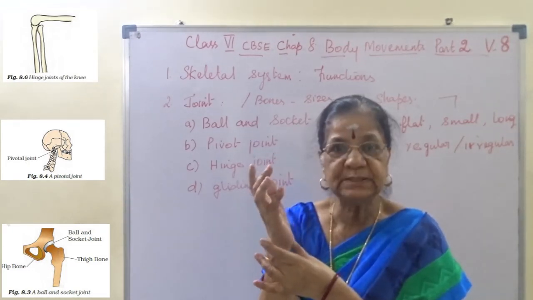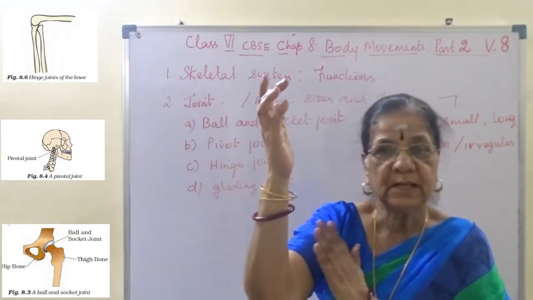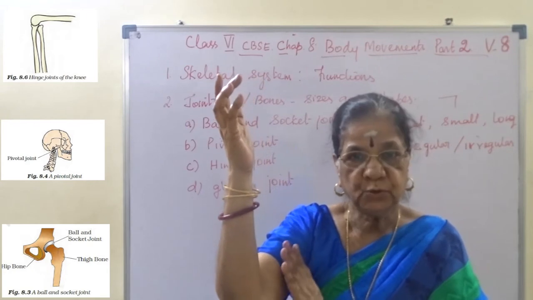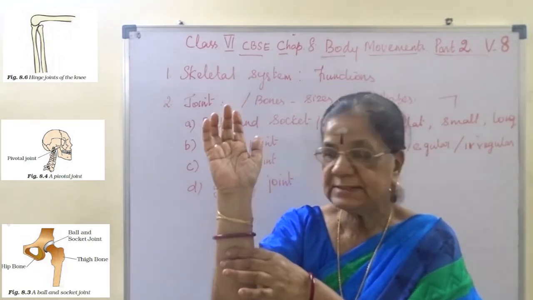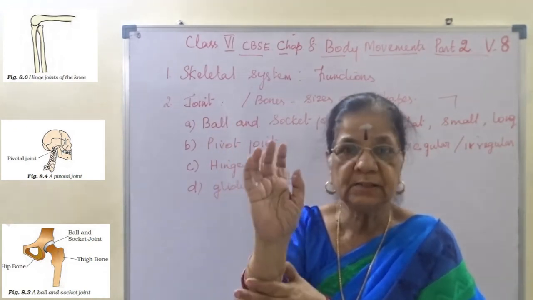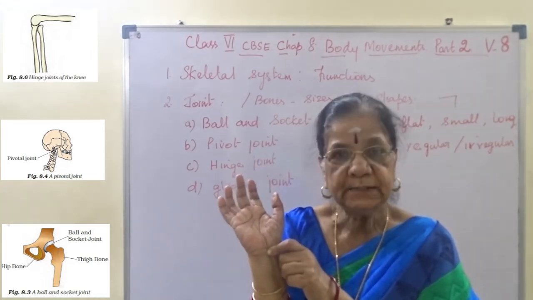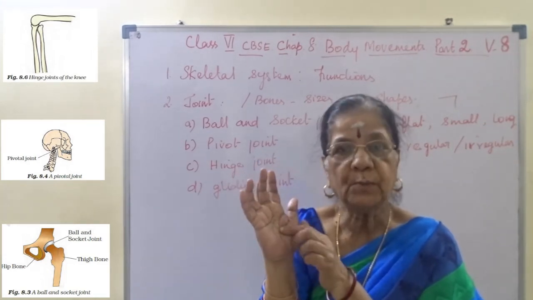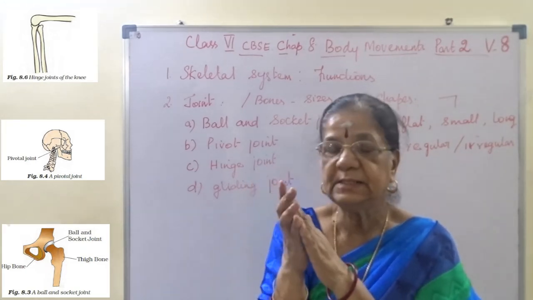The upper arm is formed of the humerus. The forearm is formed of radius and ulna. The wrist, carpals, is formed of 8 bones, and the palm, metacarpals, is formed of 5 bones.